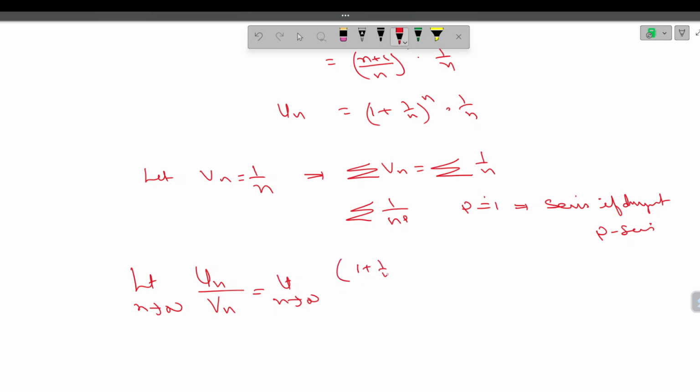So (1 plus 1 by n) whole to the power of n into 1 by n, divided by 1 by n, gets cancelled. This is equal to e. e is not equal to 0, finite and non-zero.